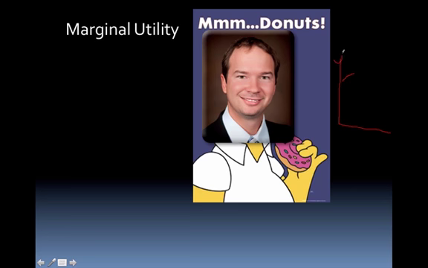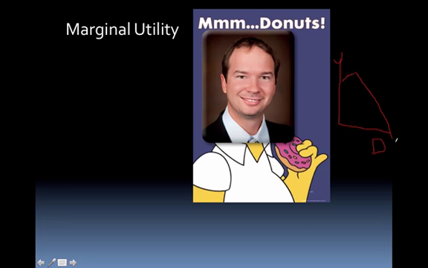So over here would be utility, over here would be donuts. And excuse my poor handwriting. So at the second donut there, my utility is high, but it's going to peak, it's going to be maximized. Then my utility is going to start to drop with the third donut, the fourth donut, the fifth donut, and so on. So much so that if I eat that next donut, I may just puke donut, or I may begin sweating lard.